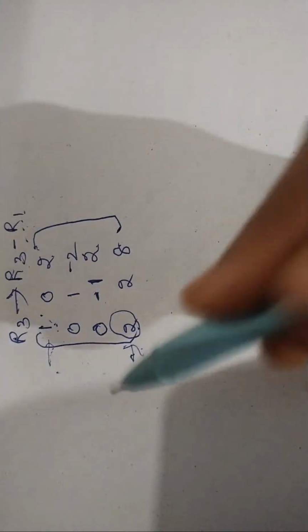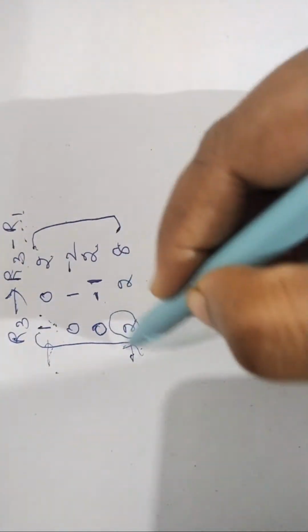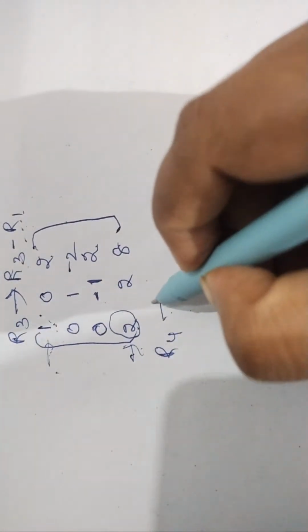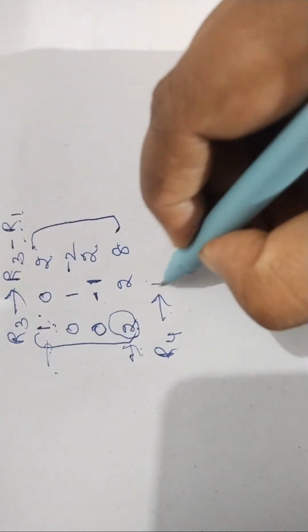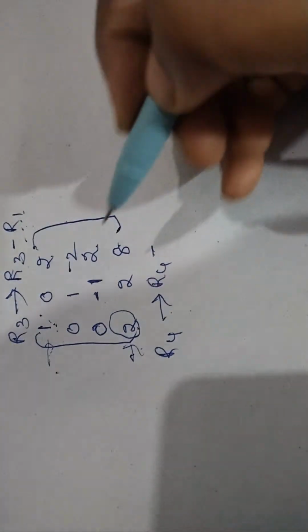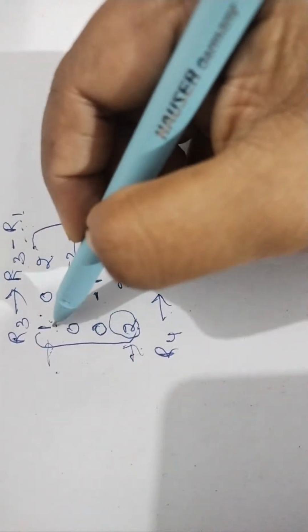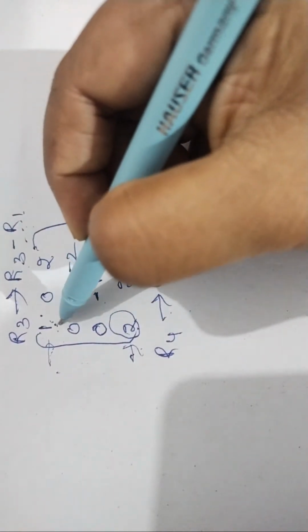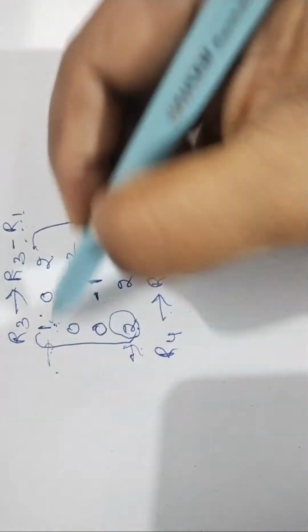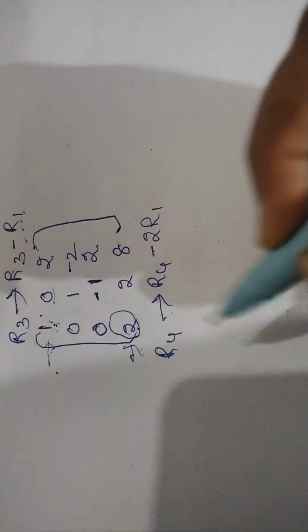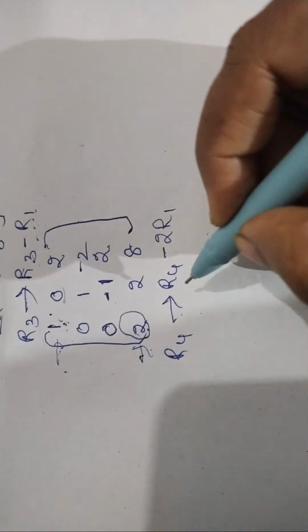So the operation, I want the operation in the R4. So I select R4. R4 minus, suppose if it is 2, then it is 0. When it is 2, when we multiply R1 with 2. So, 2 into R1. Now, I will do the operation.